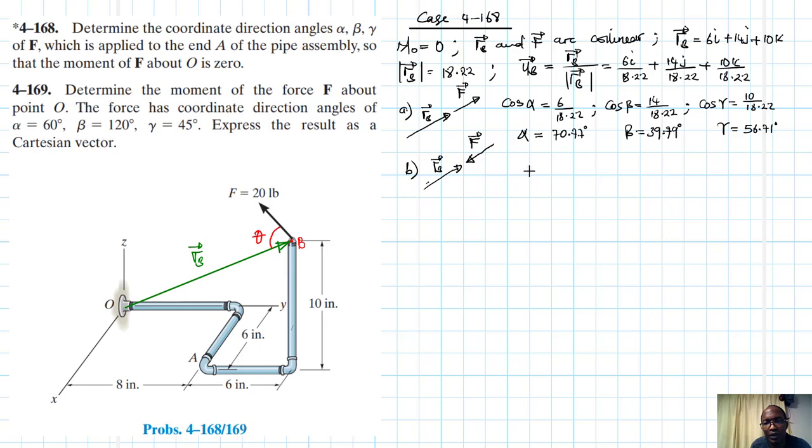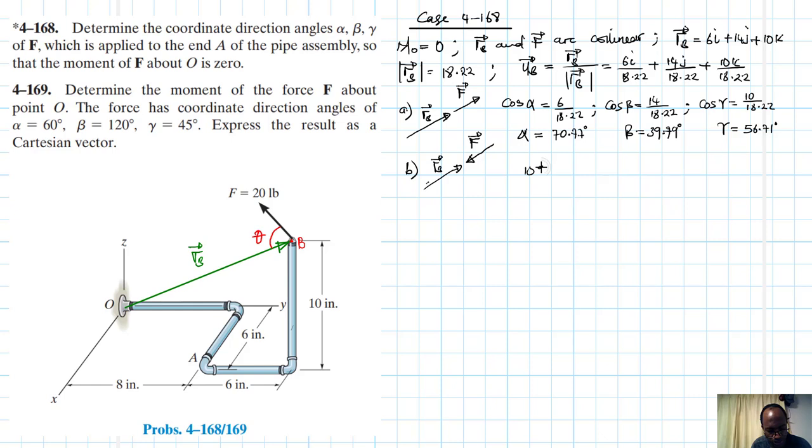For a case like this one, we are just subtracting 180 from this, or just changing the sign of the unit vector. So if you change the sign, you realize that 180 minus 70.77 will give 109.23.